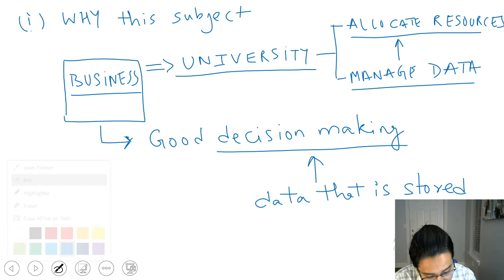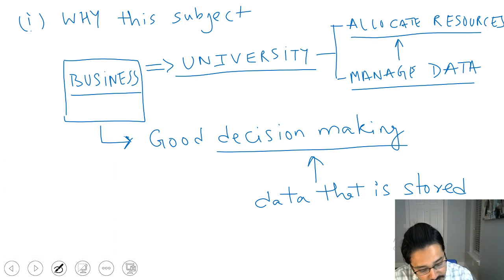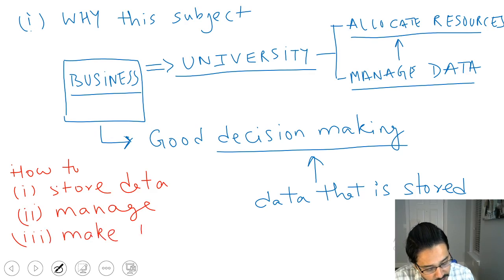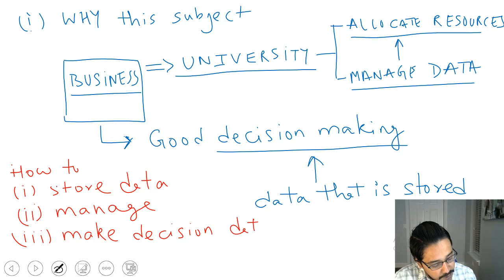So to recap that and write it down: how to store your data, how to manage it, and then make decisions by transforming data into information.